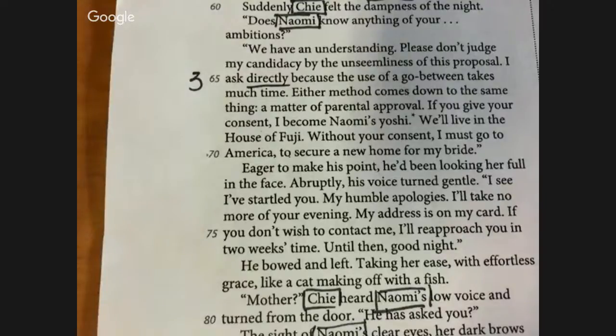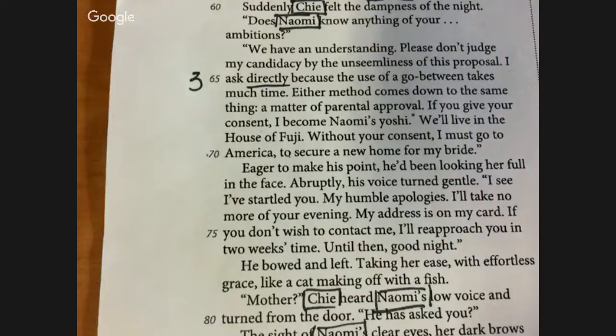"Please don't judge my candidacy by the unseemliness of this proposal." All right, now we're getting somewhere good. This is showing that Akira is afraid of his proposal being unseemly. Let's just look at the last answer choice to make sure. 71 through 72.